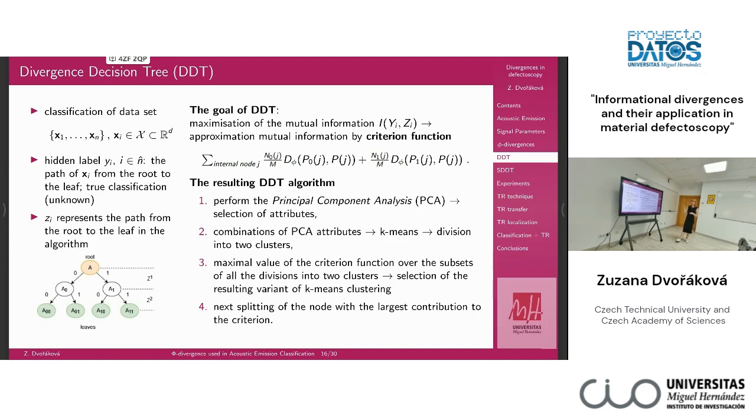And for the next splitting, we use the node with the largest contribution to the criterion. So it's quite an easy algorithm of an unsupervised decision tree based on phi divergence.